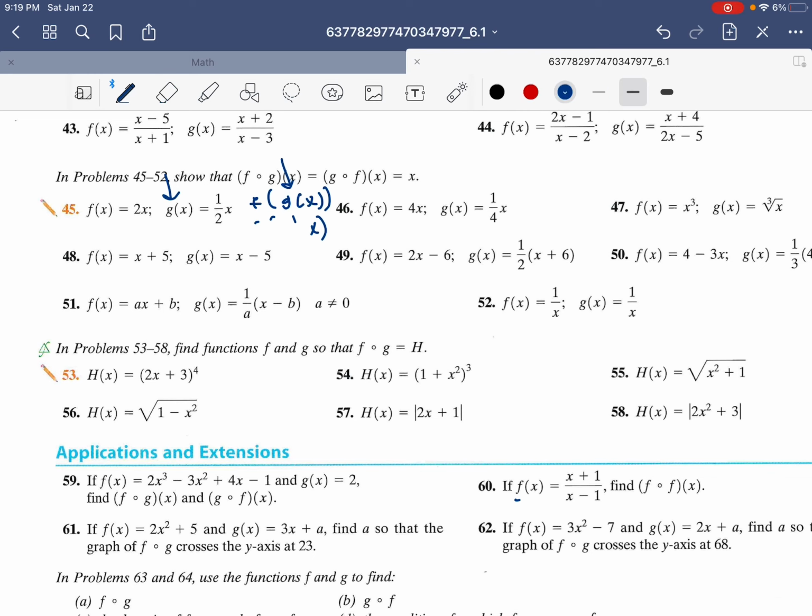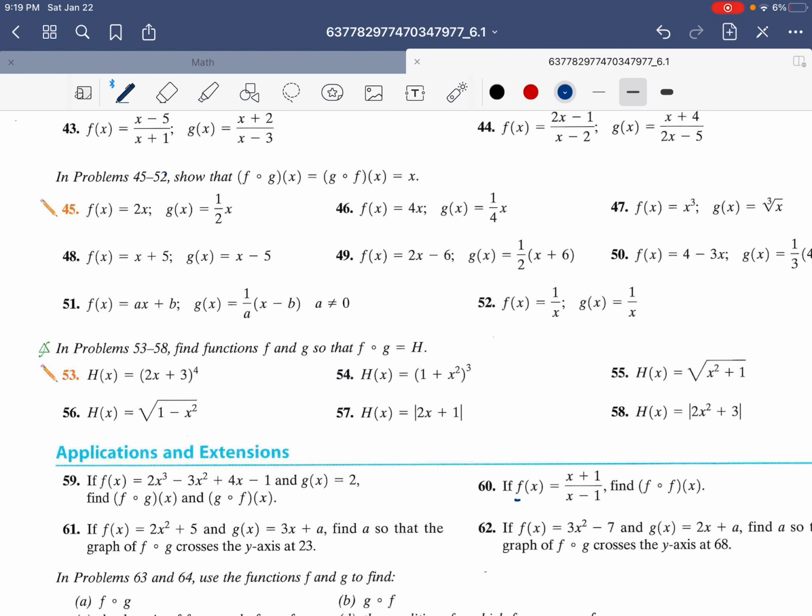Because you're plugging, was this half? Yeah, you're going to plug this into here. So yeah, because this cancels out, so you're left with x. So it's true.